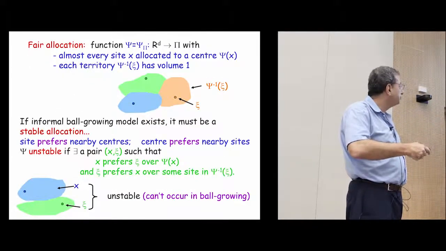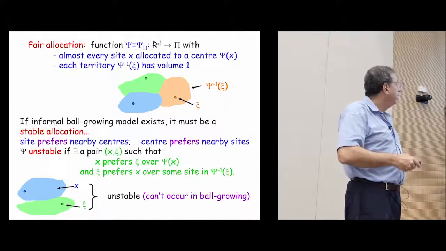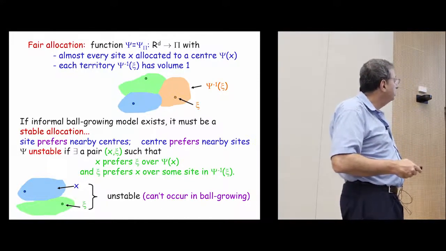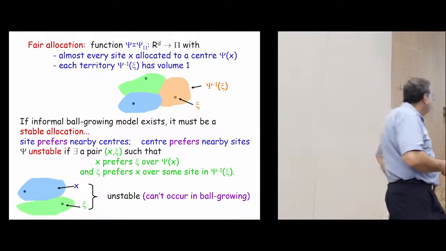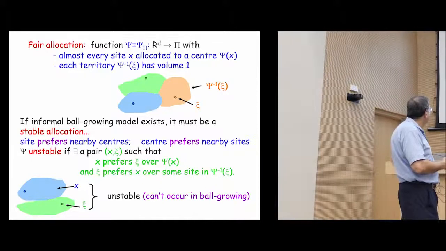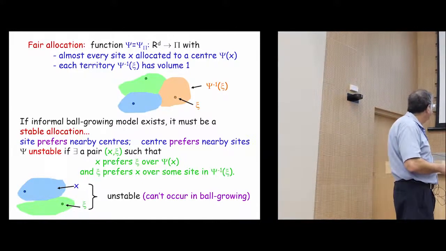Now the procedure I told you about grows a stable allocation. So it's not just a fair allocation, it's a stable allocation. What does that mean?